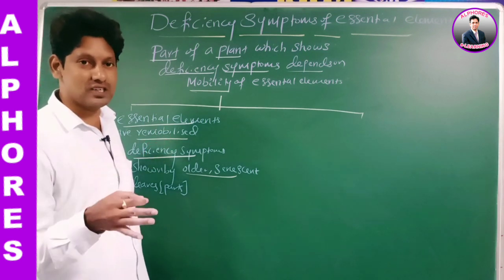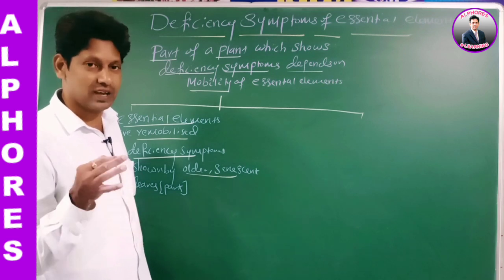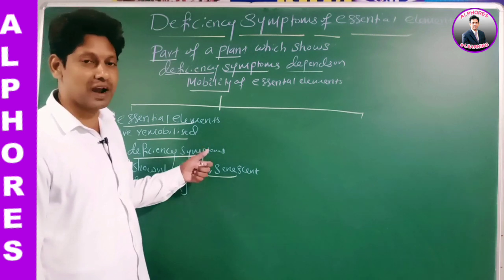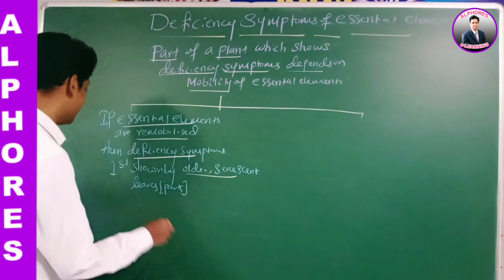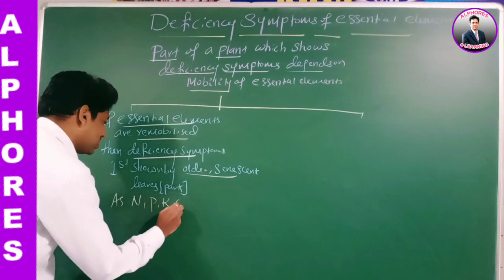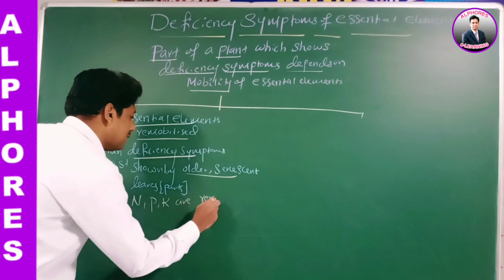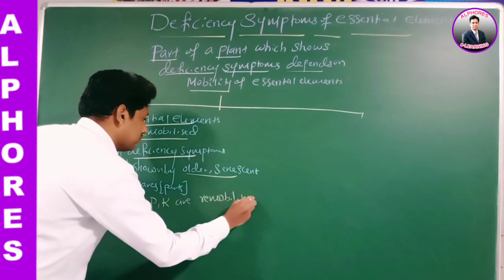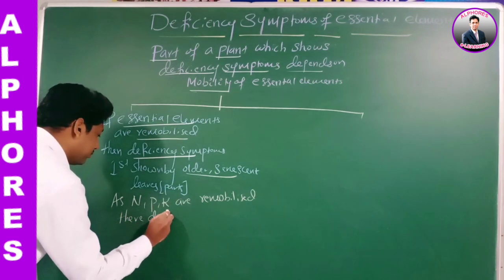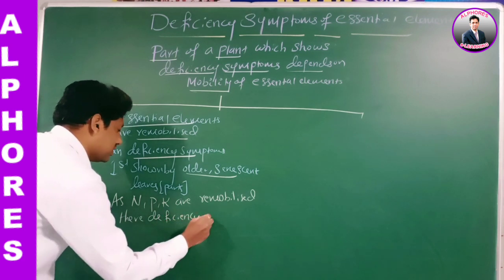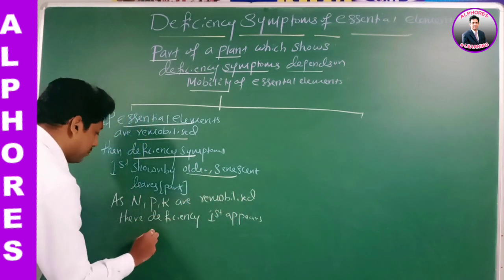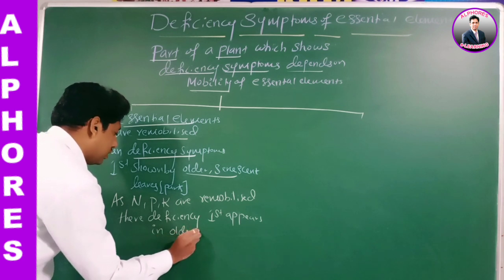Therefore, their deficiency first appears in older parts of a plant.